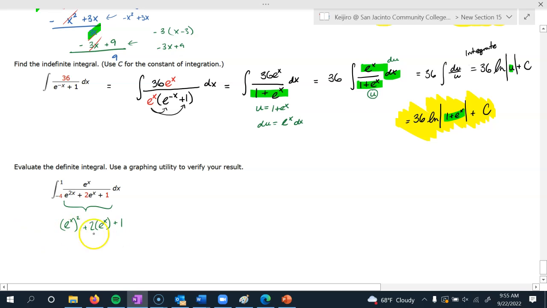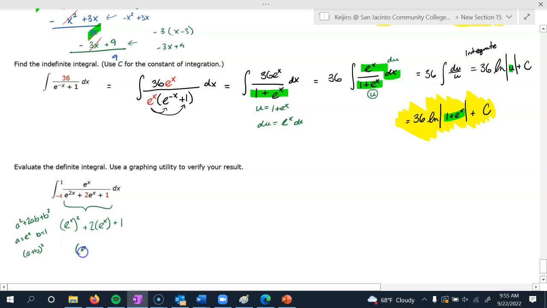So you might notice that this is a form of a squared plus 2ab plus b squared, where a is e to the x and b is 1. Right? You got e to the x squared as your first term, you got 1 squared as your last term, and in the middle you got 2 times 1 times e to the x. So this is a plus b in parentheses squared.